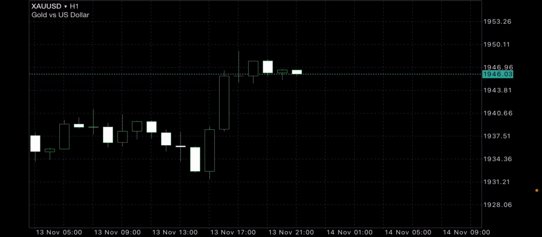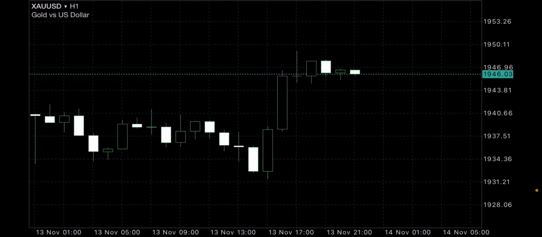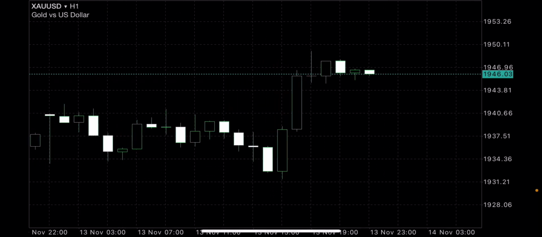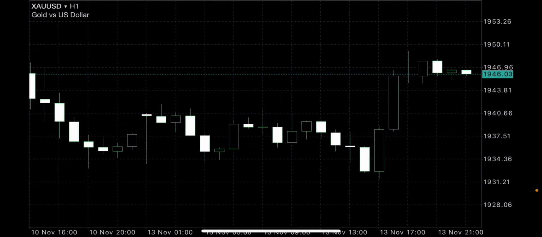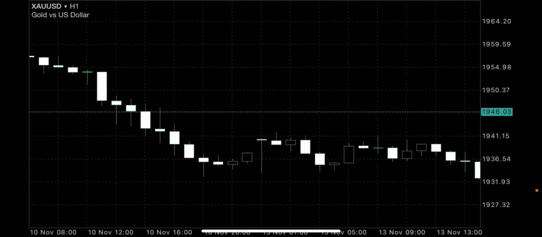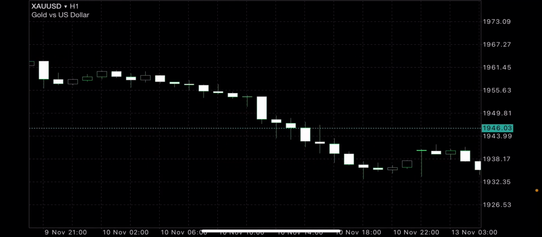It shows the past movement of how price has reacted. It shows you where price was at certain times, and you can see where it was the previous day, the previous week, and the previous month.